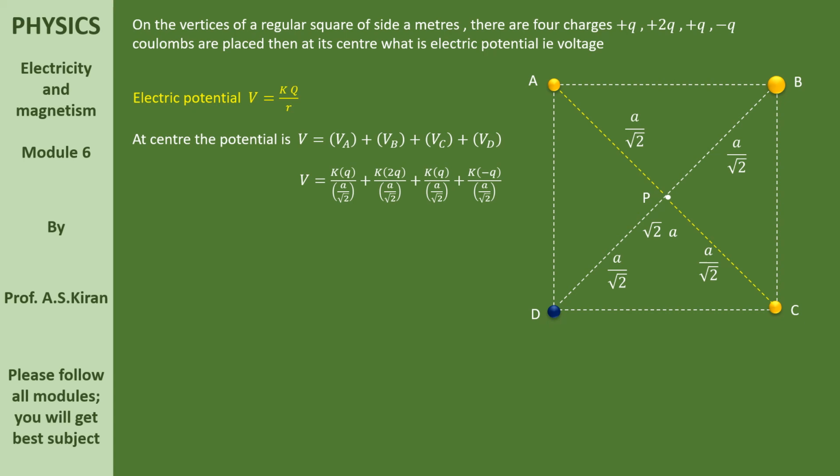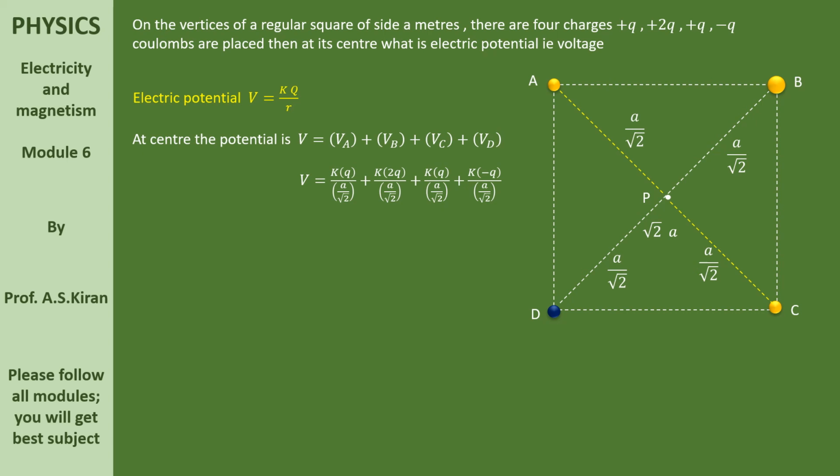So now, by using that electric potential formula V is equal to kQ by r, V is equal to k Q by A by root 2. See here, r is A by root 2. Charge is Q, that is plus Q. Now, potential of B. At B, what is charge? 2Q.